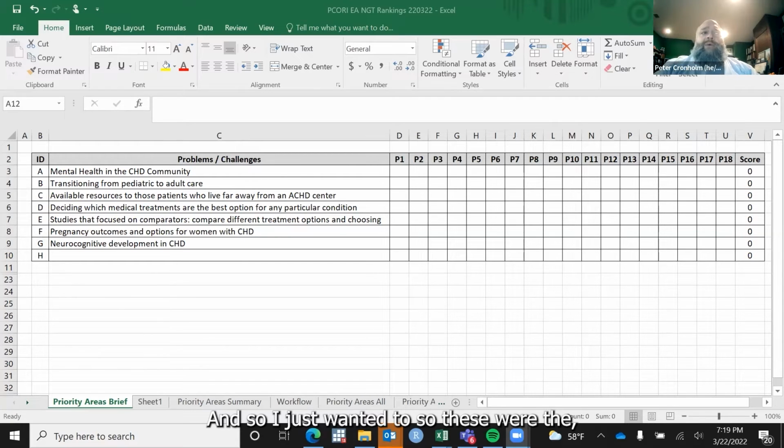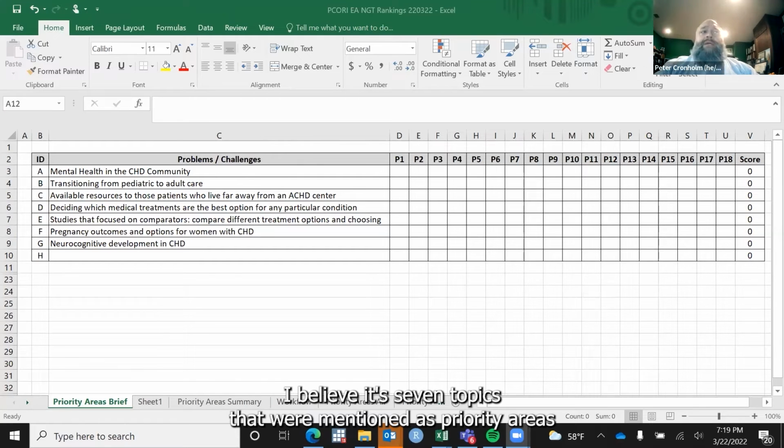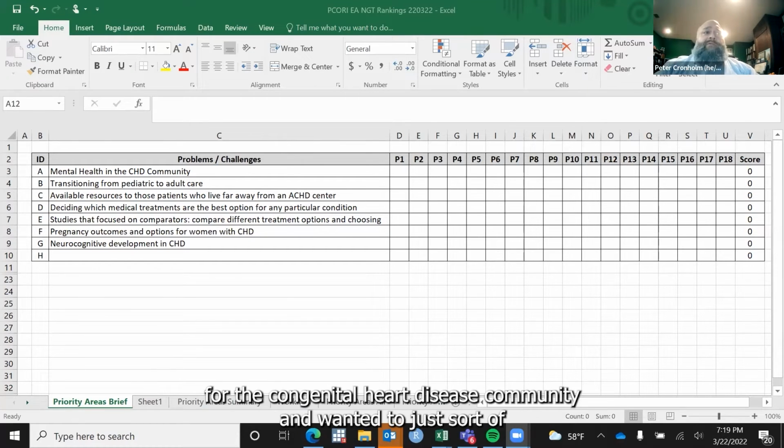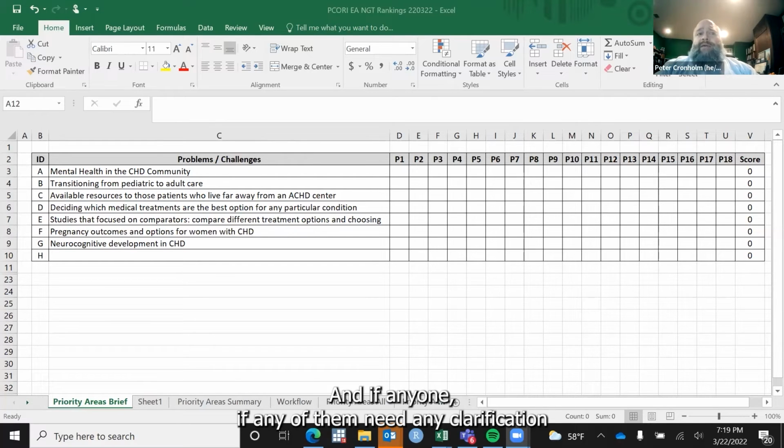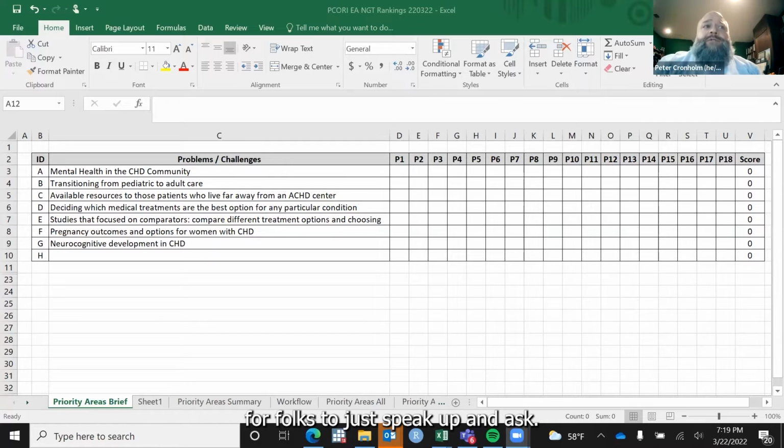So these were, I believe, 7 topics that were mentioned as priority areas for the congenital heart disease community, and I wanted to have the 7 or 8 of you reflect on those and make sure that everybody understands what each of those means. And if any of them need clarification, for folks to just speak up and ask.